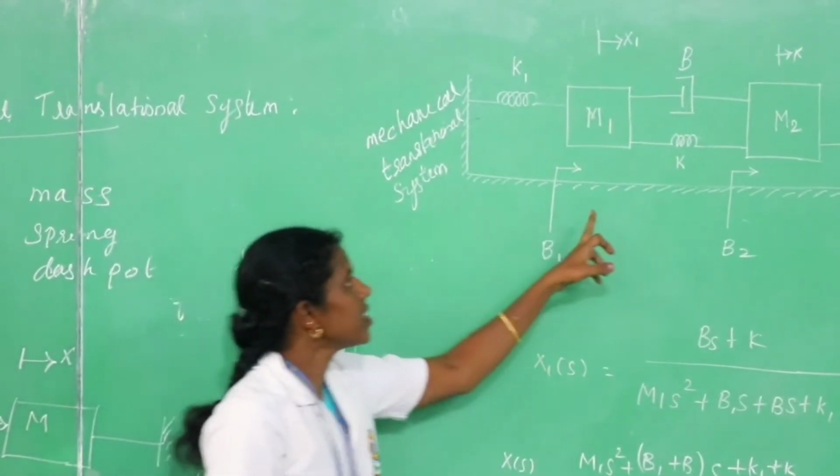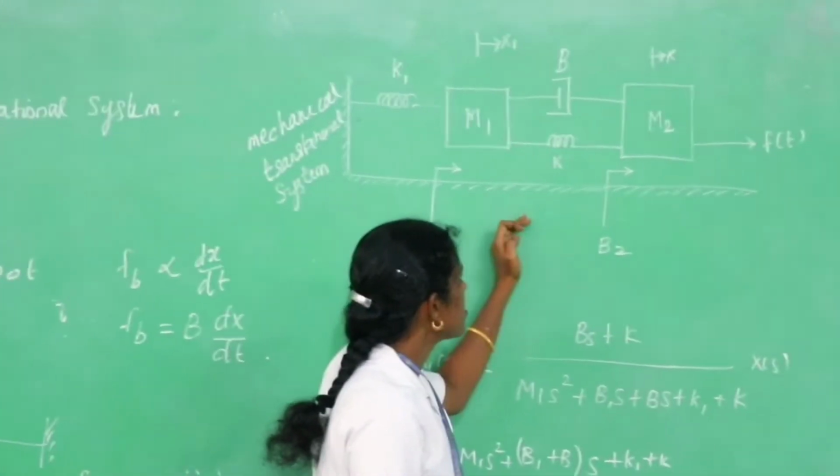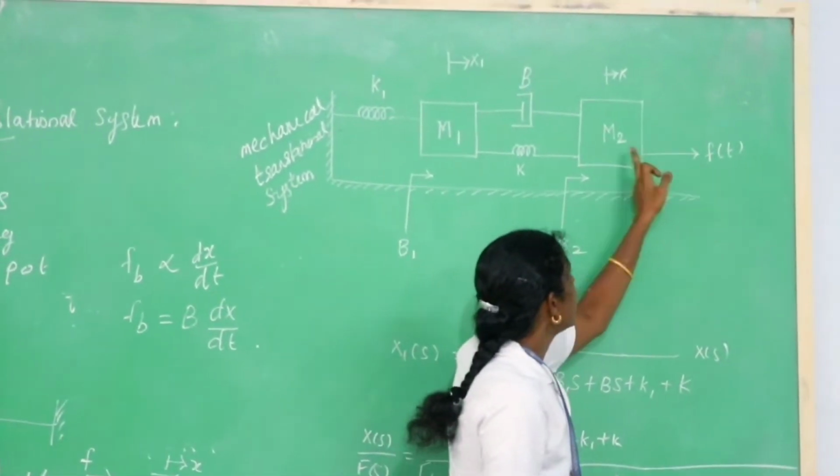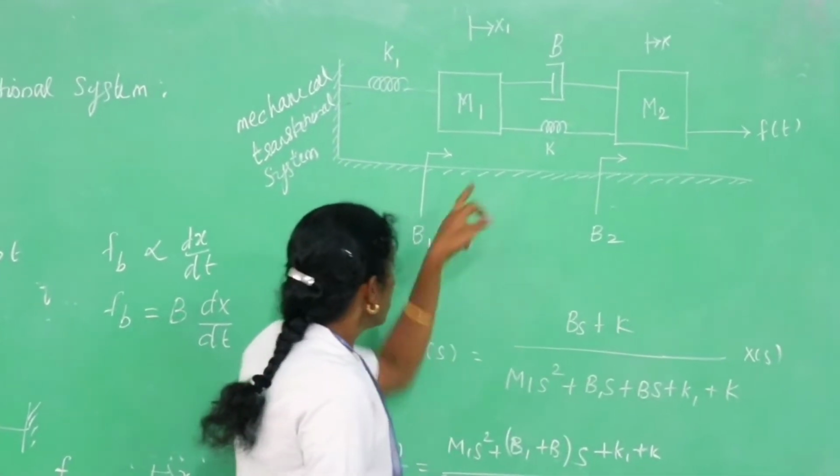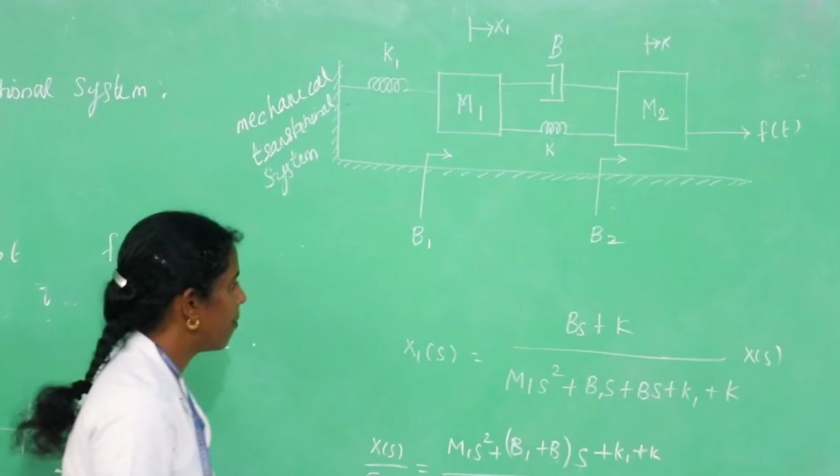If you see the diagram of the mechanical system, the input f of t is applied at the mass m2. There is no force applied to m1.